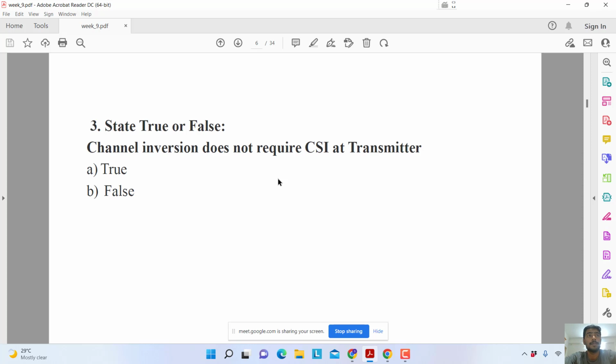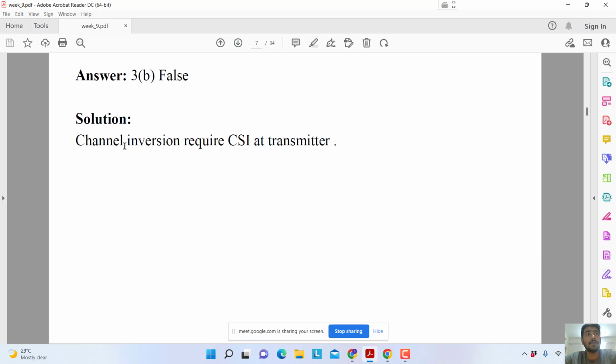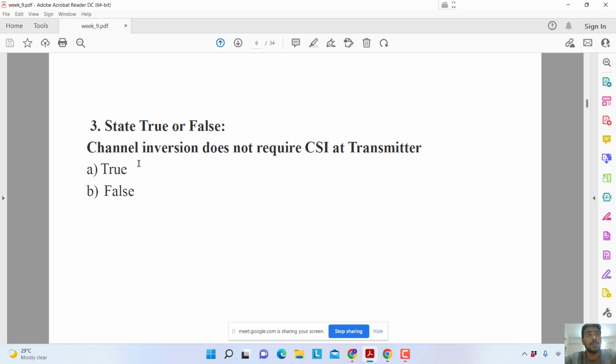You can comment your answer. Is this true or false? This is also false. Basically, the explanation of this question is that channel inversion requires CSI at the transmitter, so option B is the correct option.